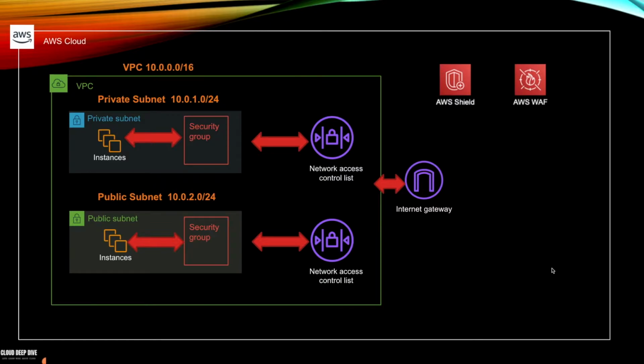Basically, in your VPC you can create a firewall which is highly available and scalable and managed by AWS, and which gives you all these capabilities to provide security to your VPC workload.